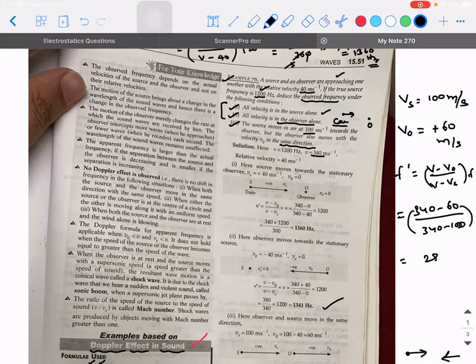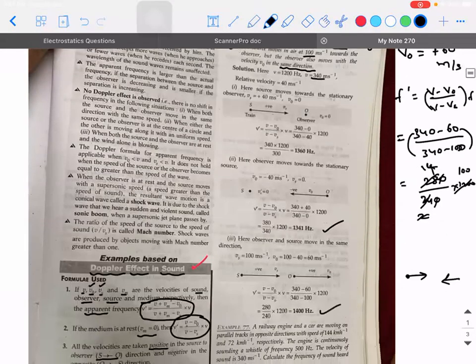So how much is that? 280 divided by 240 into 1200. 0, 0 gone. 100 times 2 times 14. It will be 1400 hertz. Okay. So here the trick is only about taking the right sign convention. I hope you're clear, guys.